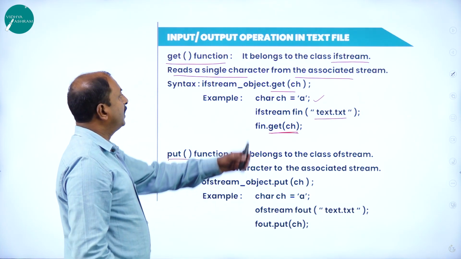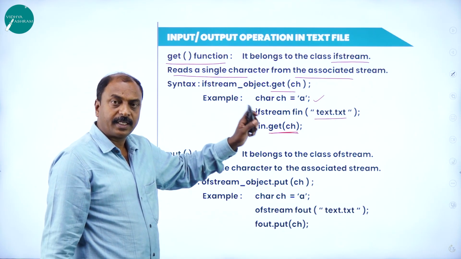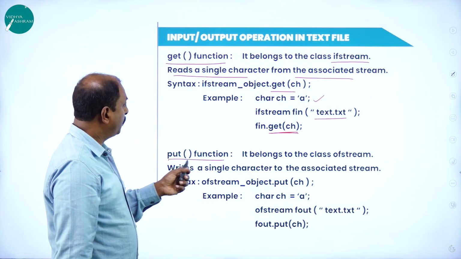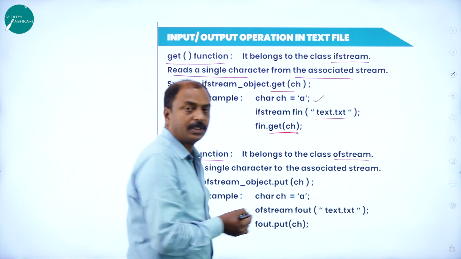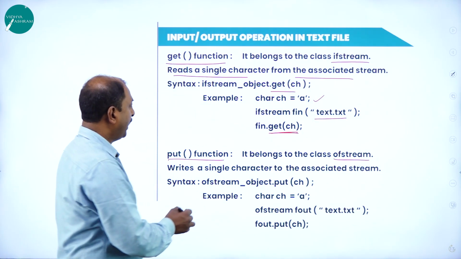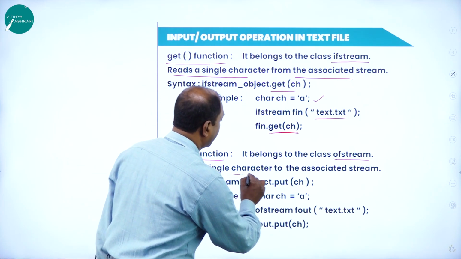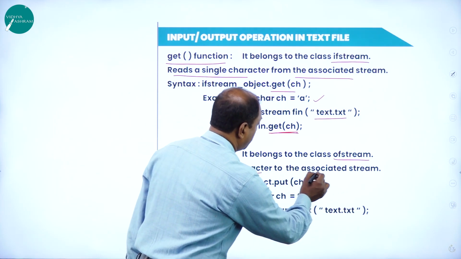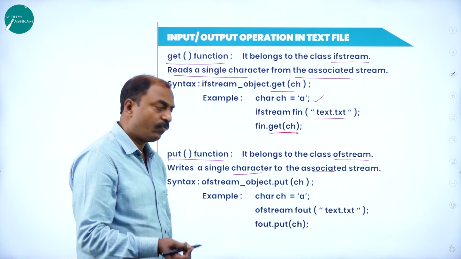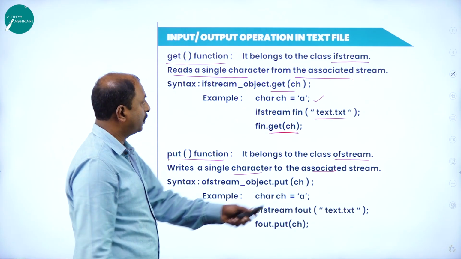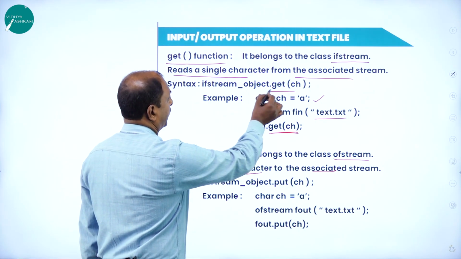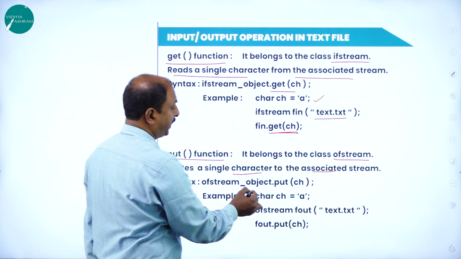The get function is to read a character from a file, and the put function belongs to the class ofstream because it is an output operation, and it writes a single character to an associated stream, indirectly to a file. So here the syntax is ofstream object dot put. Here ifstream object dot get, ofstream object dot put.